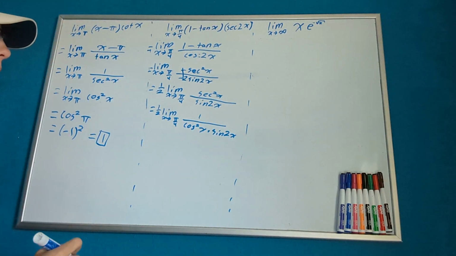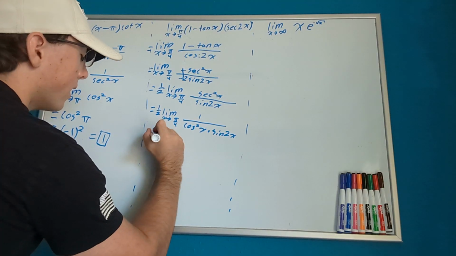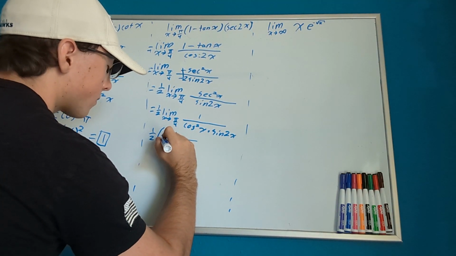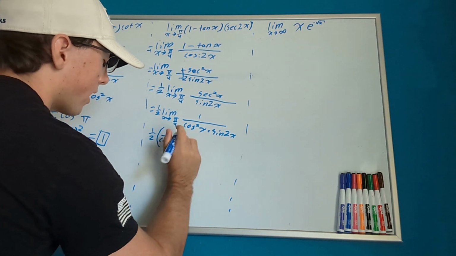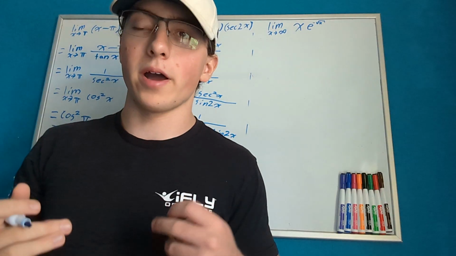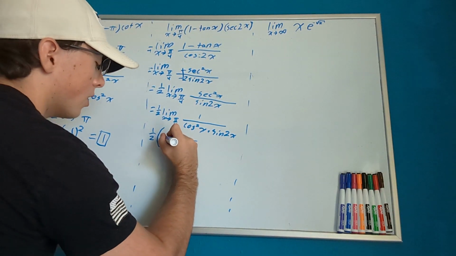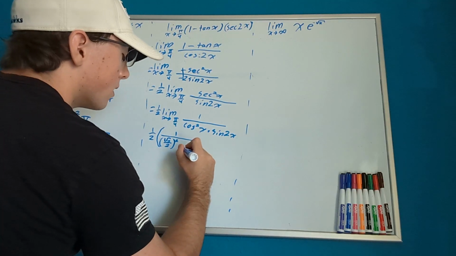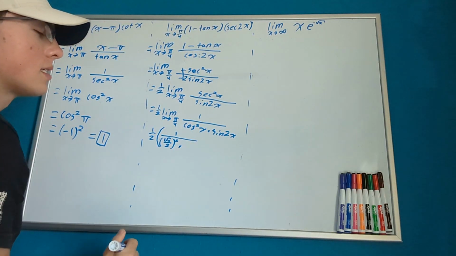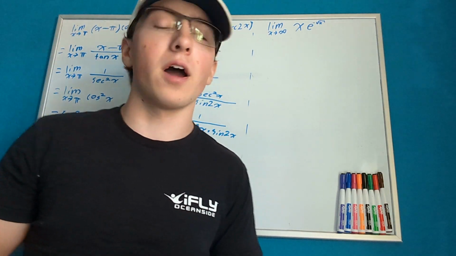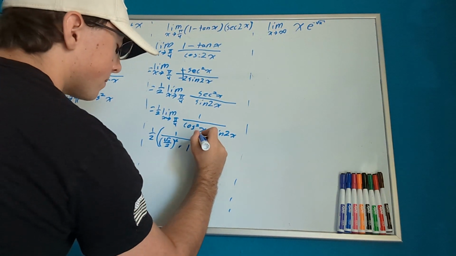So now let's plug in pi over 4, and we get 1/2 times 1 over cosine, actually, here. So let's observe. What is cosine of pi over 4? Cosine of pi over 4 is square root of 2 over 2. All right, so I'll have square root of 2 over 2 squared, right? Then times sine of 2x, so that'll be sine of pi over 2. Sine of pi over 2 is 1, right?